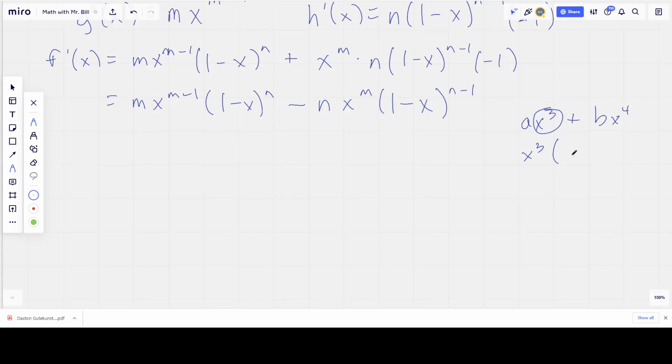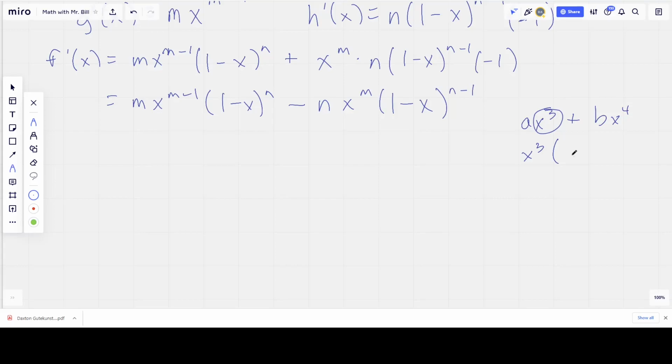And so I can pull out a 1 minus x to the n minus 1. And then what I have left now, so I have left an m. I also have left a 1 minus x. And then from the second term, I have a minus n, and then I have an x to the m as well, and close that off.